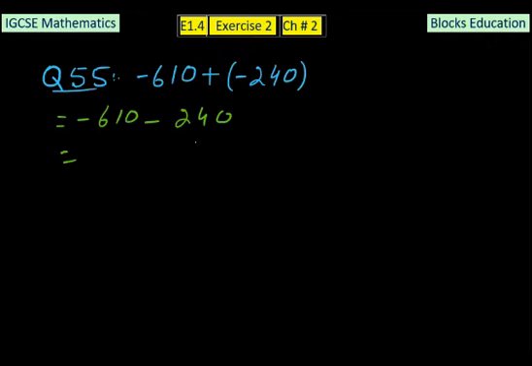Look at that, it got two minuses here. It means you have to add these two numbers. So it means that 610 plus 240 makes 850. And once again, as we have learned already, you will write the minus sign because both numbers are negative. You have to add them, but you will write the minus sign with it.